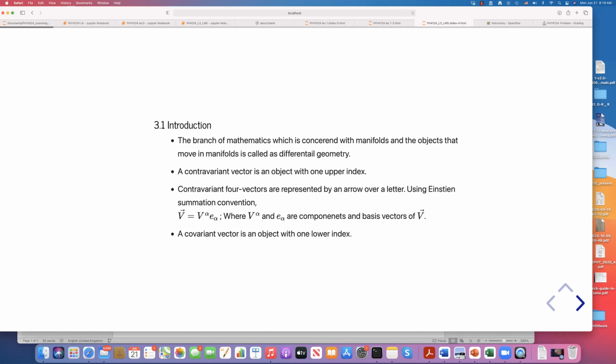Now these are called contravariant vectors, which I guess you already know. And then there is a second type called covariant vectors. Some of the books also call this type of object a one-form, right? It's two different names for the same thing. But as far as I know, the one-form has a deeper meaning.